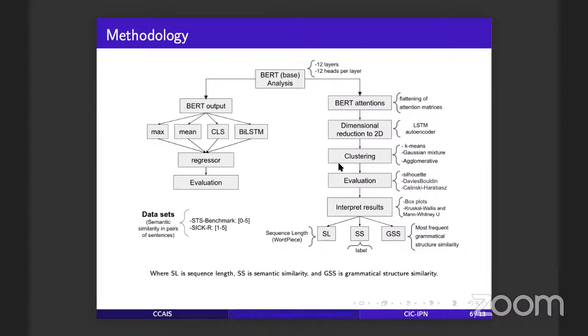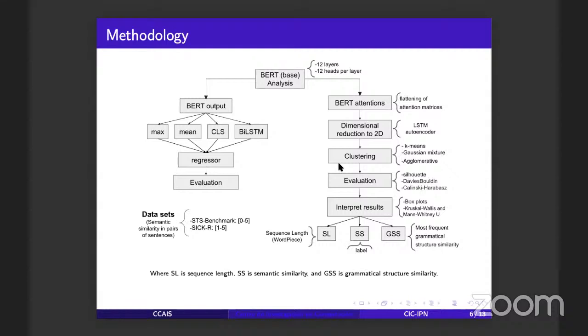Well, in the block in evaluation on the right, you can see some metrics like Silhouette, Davies-Bouldin, Calinski-Harabasz. These metrics are extrinsic metrics, and these kinds of metrics measure the quality of the cluster.